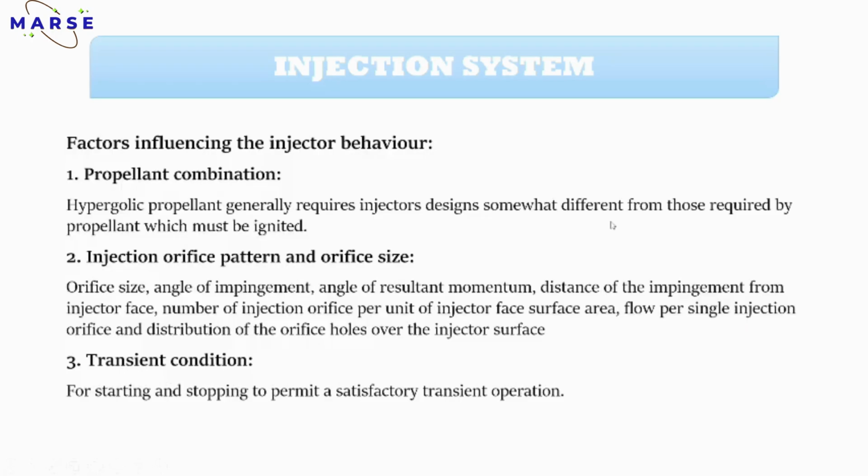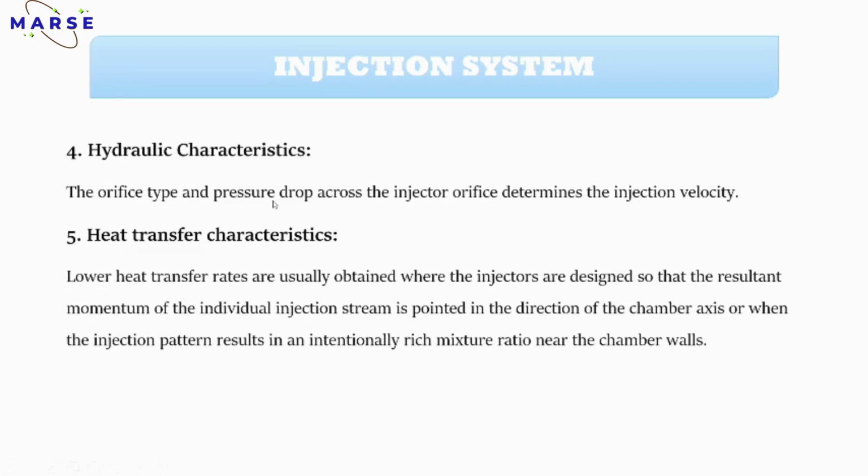So there are many parameters. And if the length of that particular orifice increases, then obviously there will be more pressure drop. So these two parameters also affect the injection velocity. Got it? Orifice type and pressure drop.